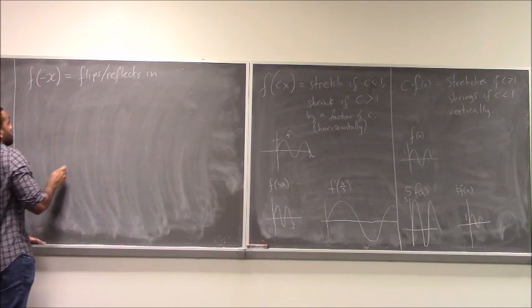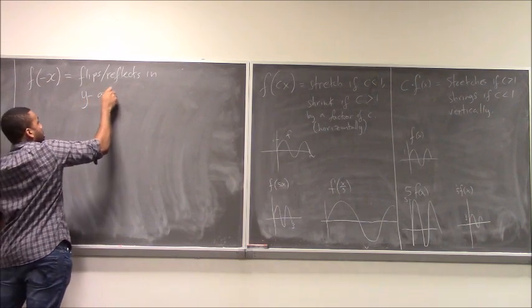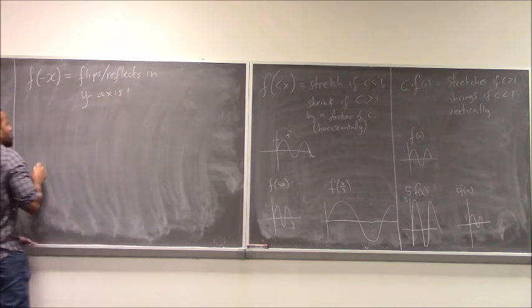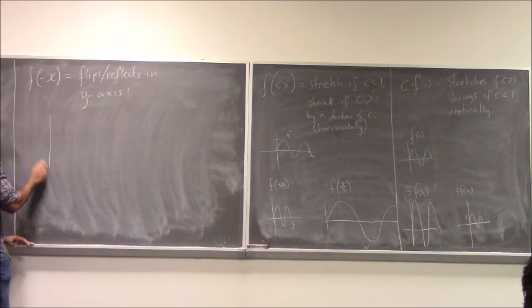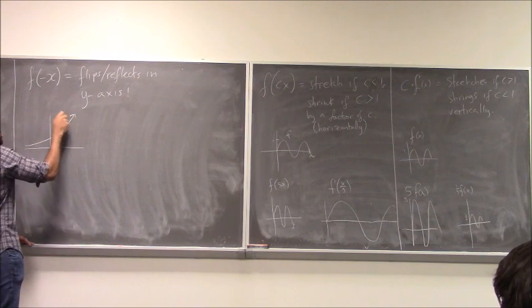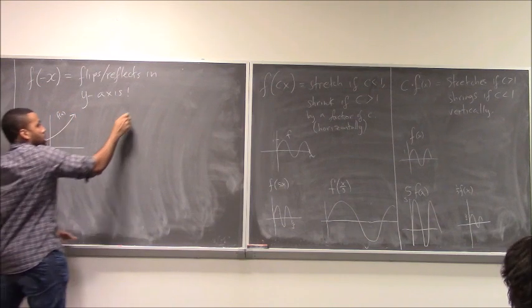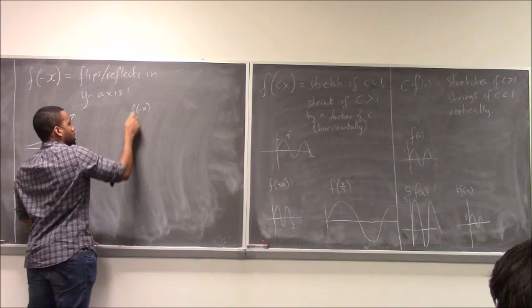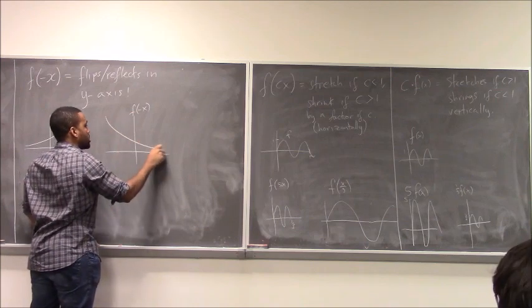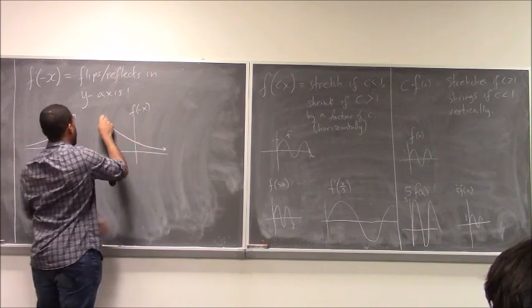The y-axis. So, for example, you can have a function here that I can call f of x. Then my f of minus x is actually going to be this. Flip in the y-axis.